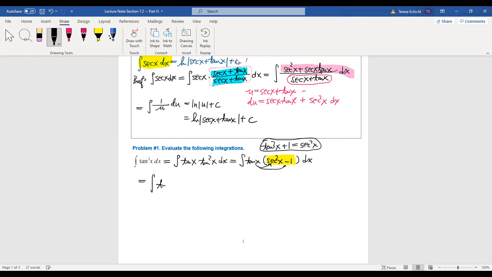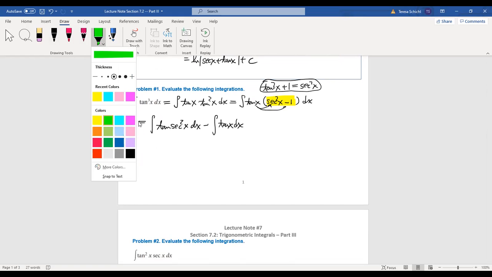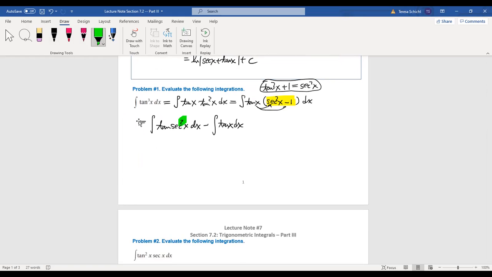You have tangent secant square x dx, then minus tangent x dx. So remember, what do we have on the first term? We said that if the secant power is even, that's good, because then I can do u sub.